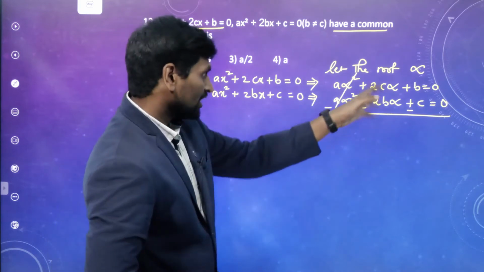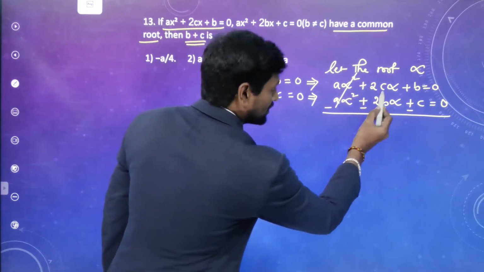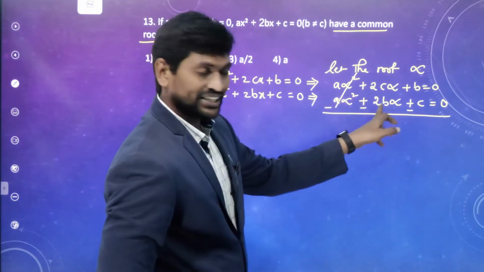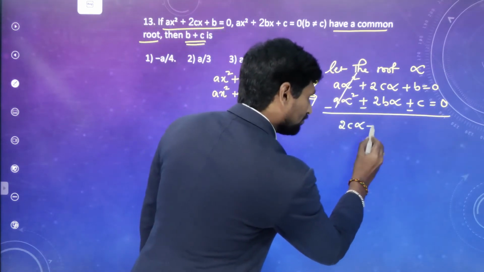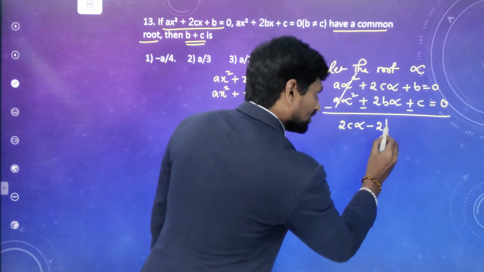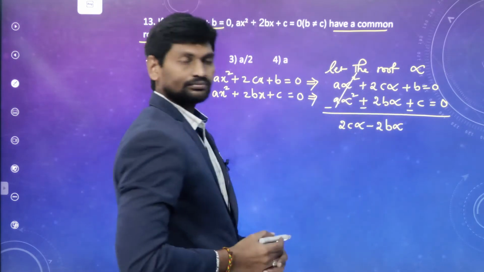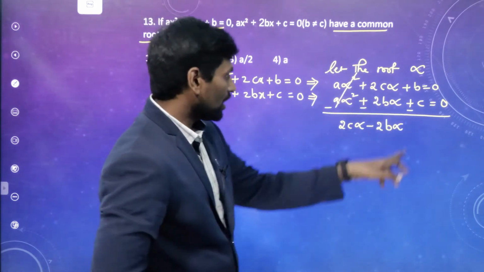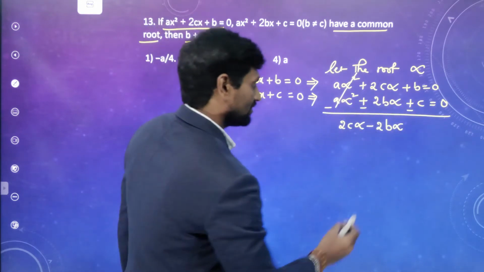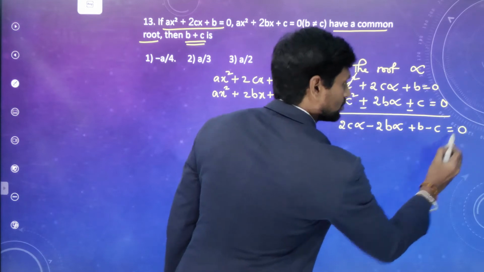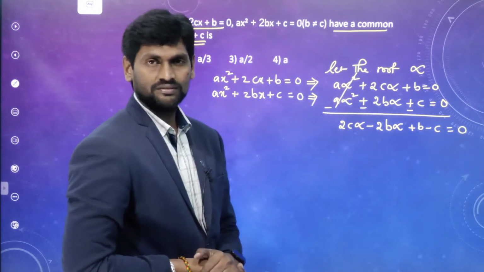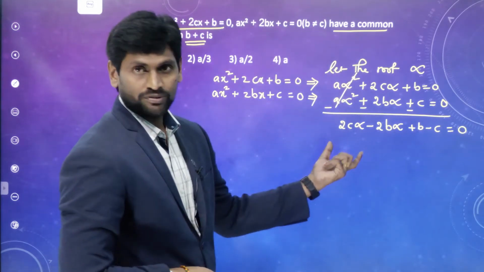Coming to this one, 2c alpha minus 2b alpha. Now here, b minus c, plus b minus c equals to 0. Now let us simplify this.